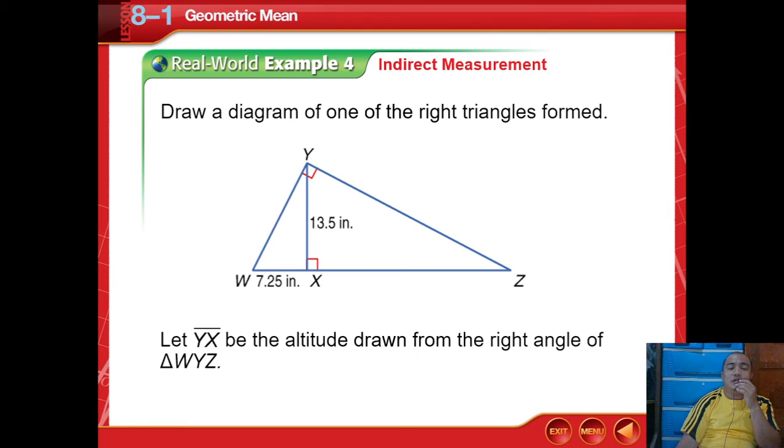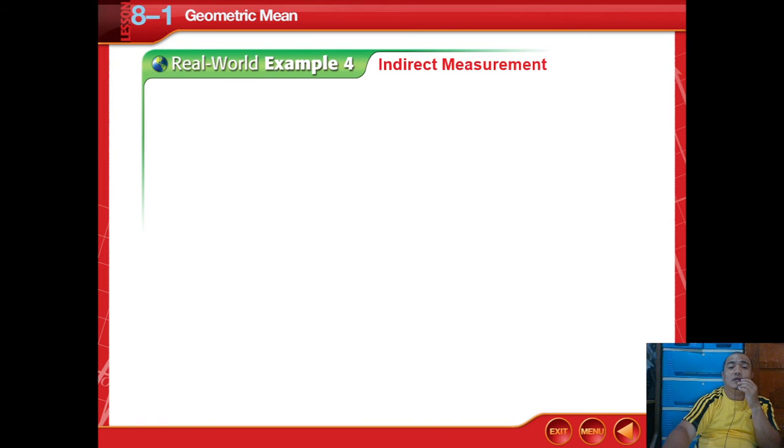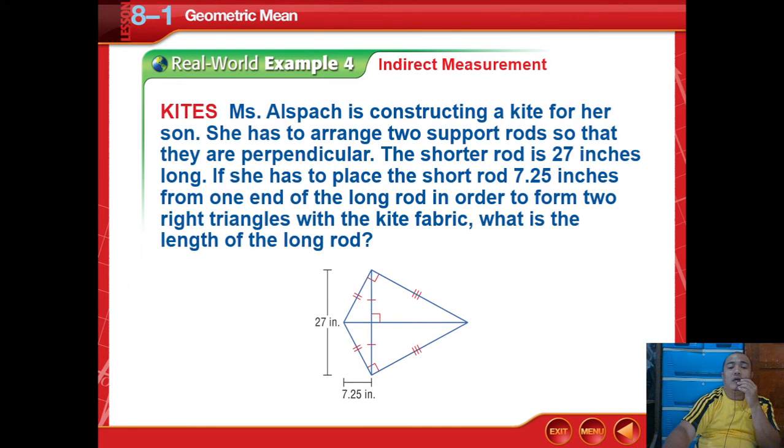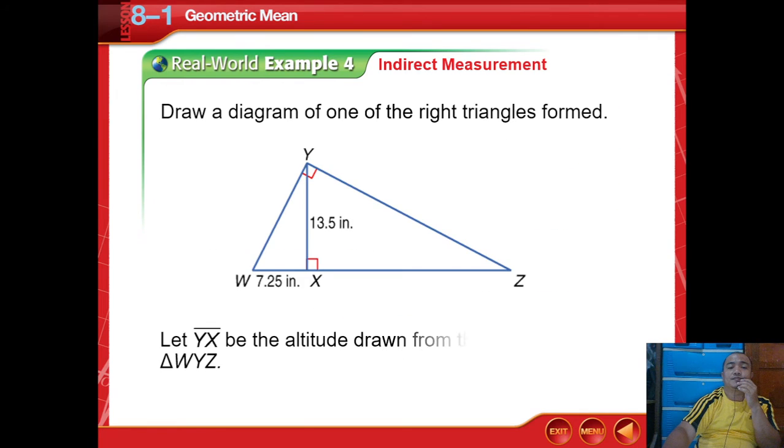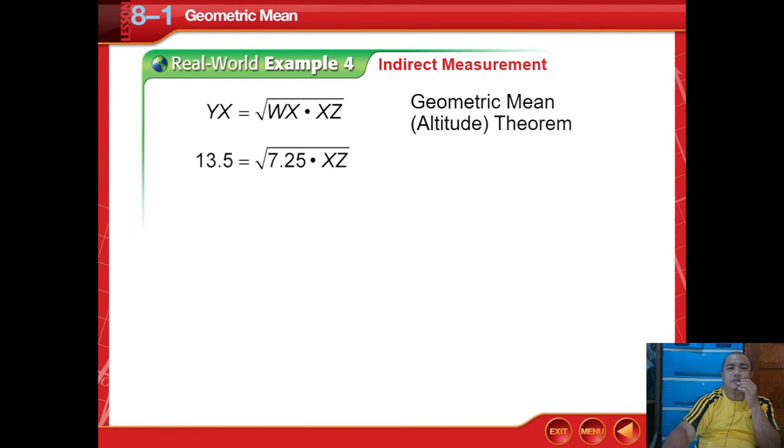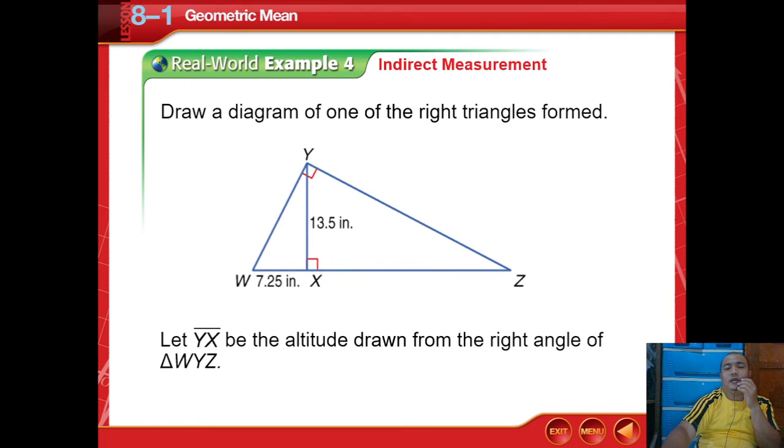Let YX be the altitude drawn from the right angle of triangle WYZ. What we are looking for here is the length of the long rod. To solve this, our equation will apply the geometric mean altitude theorem. So 13.5 is equal to the square root of 7.25 times XZ. What is XZ? That's the remaining segment.